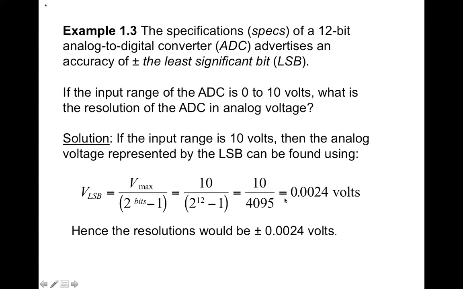If our physical system can only give us 0.0024 volts, there is no reason to have another decimal place here because it's not physically possible to resolve in this measurement. That's a good physical example of something that I think a lot of people struggle with, especially in some of your first science and engineering classes, that whole idea of significant digits.